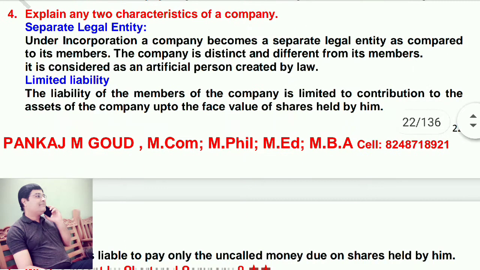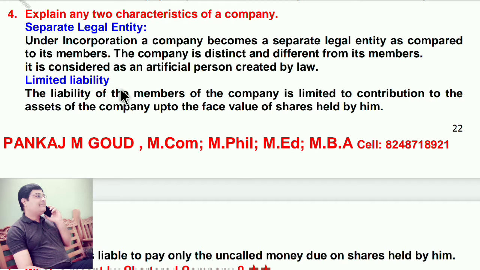Next one, explain any two characteristics of a company. Characteristics and features are the same. Separate legal entity. Under incorporation, a company becomes a separate legal entity as compared to its members. The company is distinct and different from its members. It is considered an artificial person created by law.